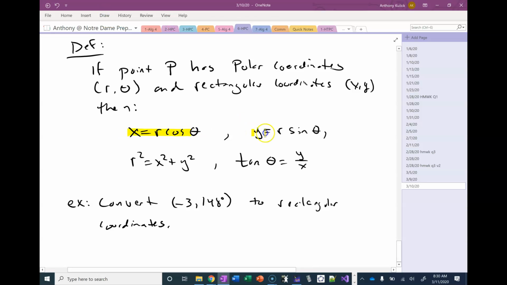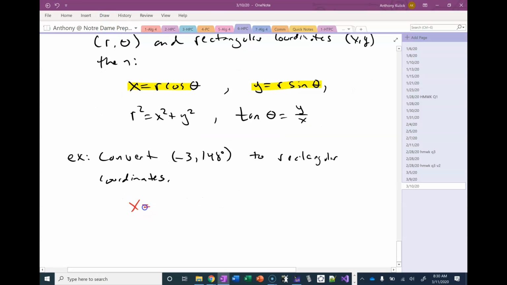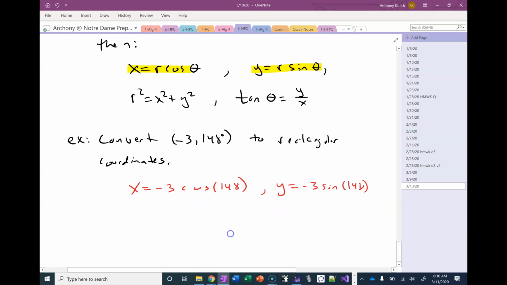Well, we're looking for rectangular coordinates, so we need an x and a y, and we know the r and we know the theta, so we have everything we need with those first two. So x is going to be -3 times cosine 148, and y will be -3 sine 148.